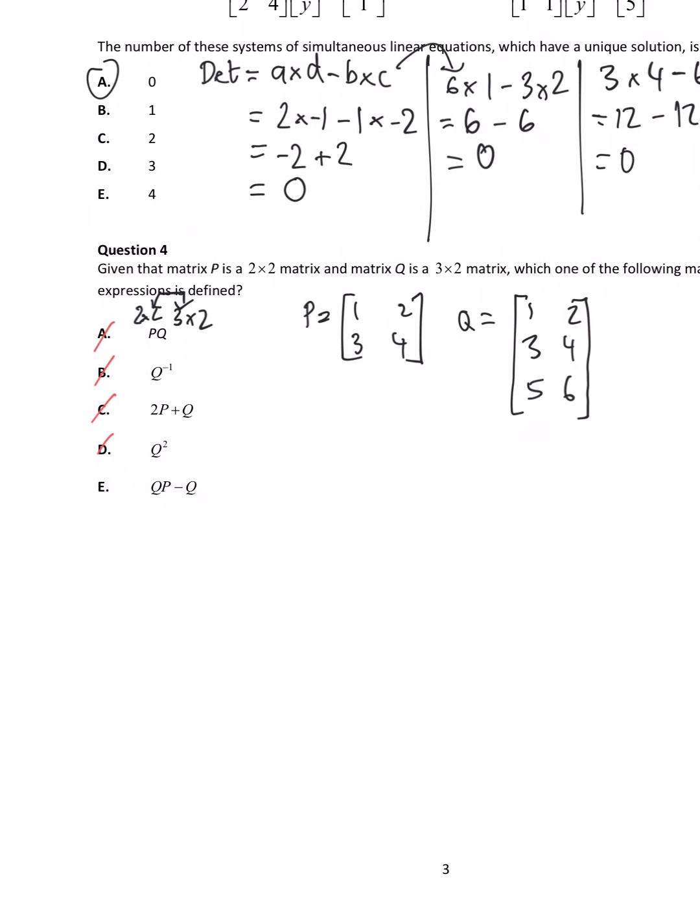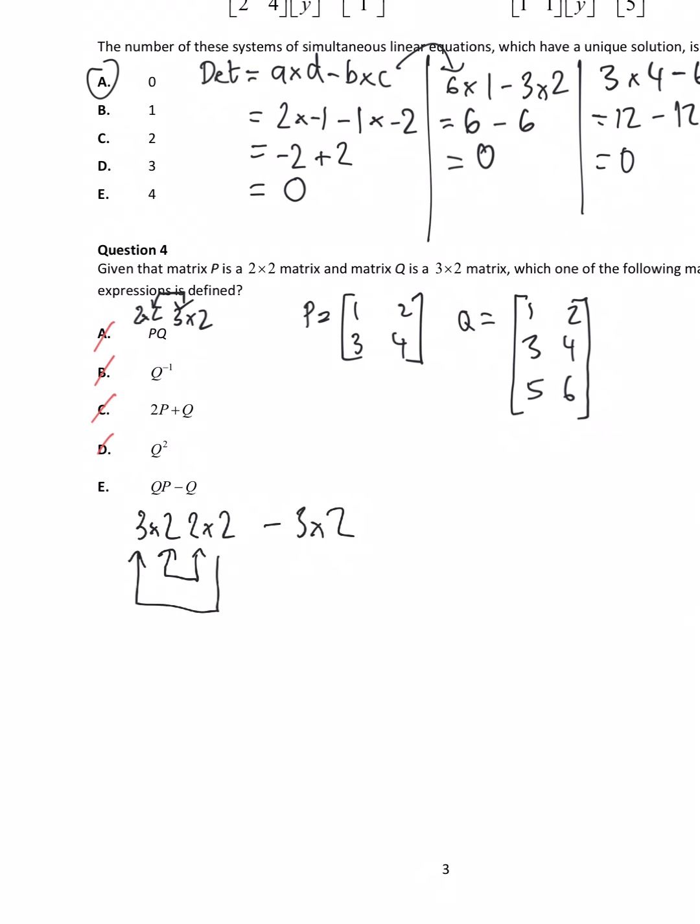So E is going to be the one that works. Again, I'm just showing you 2 ways of doing it, so I'll write it below. Q's a 3 by 2. P's a 2 by 2. And we're going to minus Q, which is a 3 by 2. When you multiply Q and P, these two middle numbers match up, so it'll work.